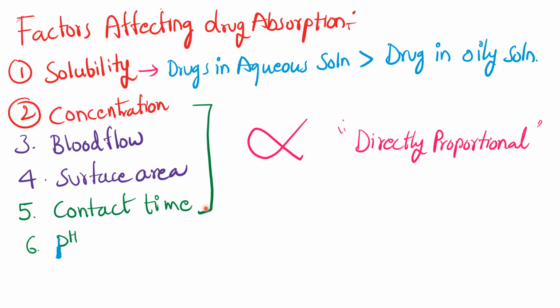If a drug has a longer contact time, it can increase the rate and extent of absorption, while a shorter contact time can reduce the absorption. pH of the medium, pK of the drug, influences the solubility, influences the drug state.